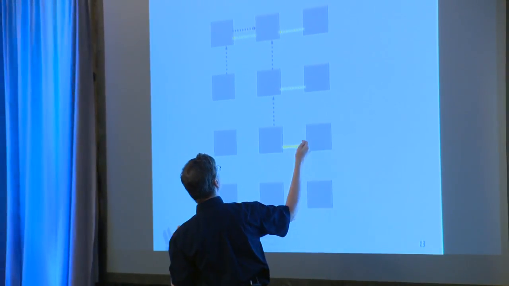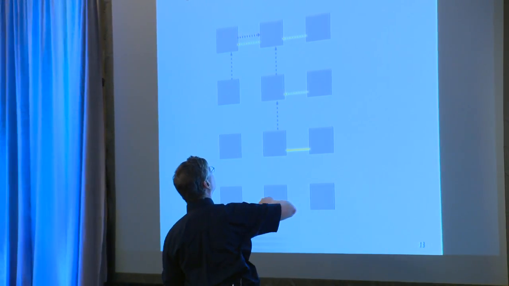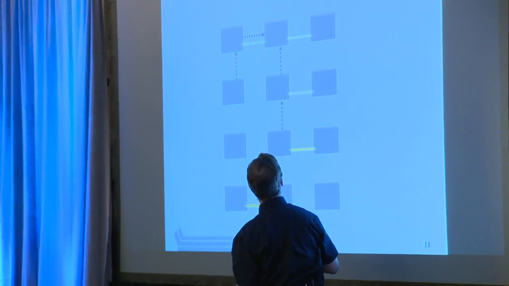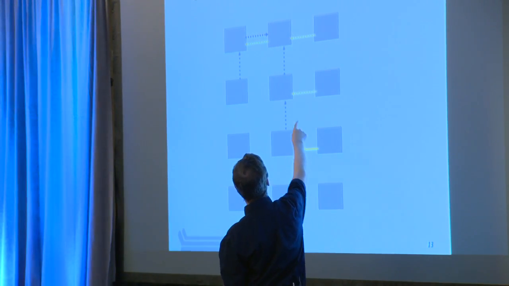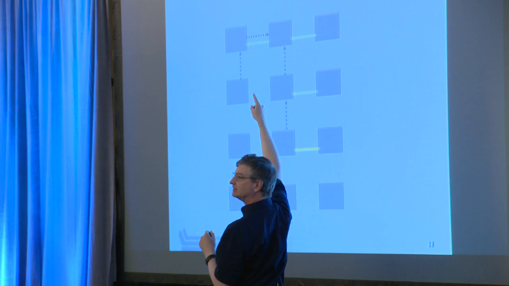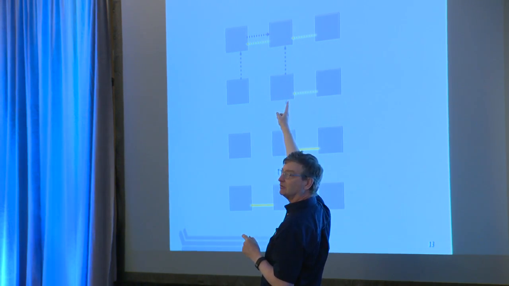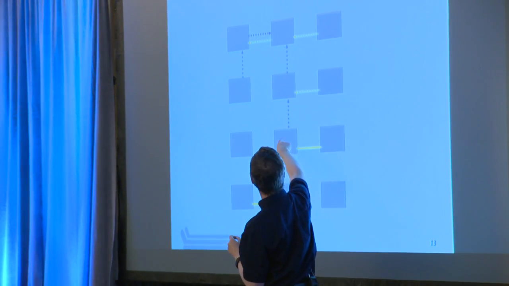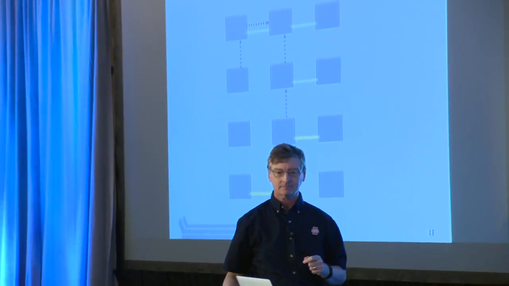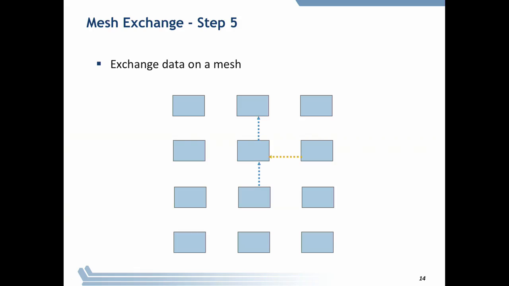So here's step 4. Some processes are actually done. Some are sending their last one to the left. Some of them are not yet done because they've been slowed down. This guy in particular has been slowed down. So now I go to step 5, and I have to finish up these.